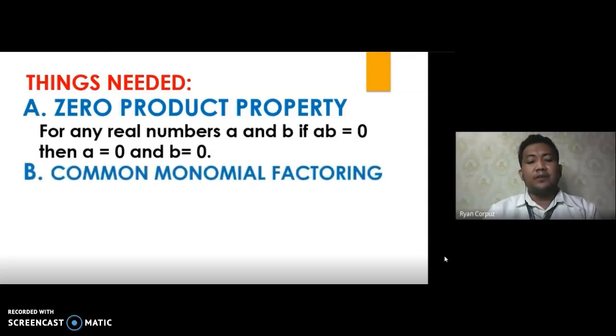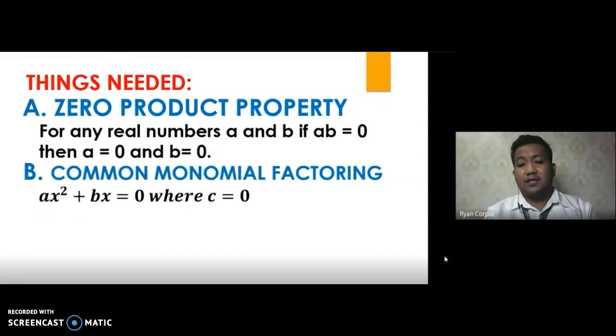Second, if the given equation is ax squared plus bx is equal to 0, where c is equal to 0, just like what we mentioned in yesterday's lesson, that kind of equation we can still consider as a quadratic equation. If that is the case, we can use factoring by using the common monomial factoring.